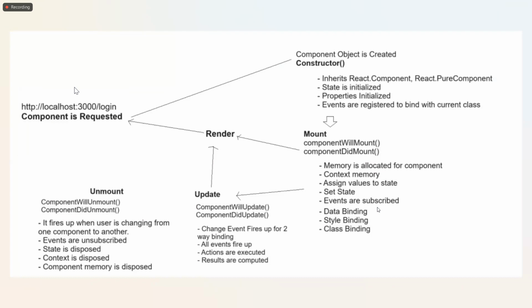So what are component life cycle hooks? Component life cycle hooks are the methods which are managed with different activities to perform from a component's start to component's end. These are not related to any state allocation; these are not state hooks, these are not mount hooks.